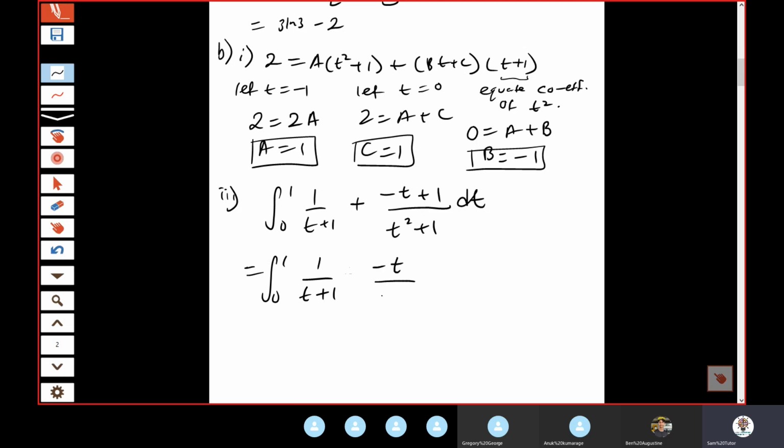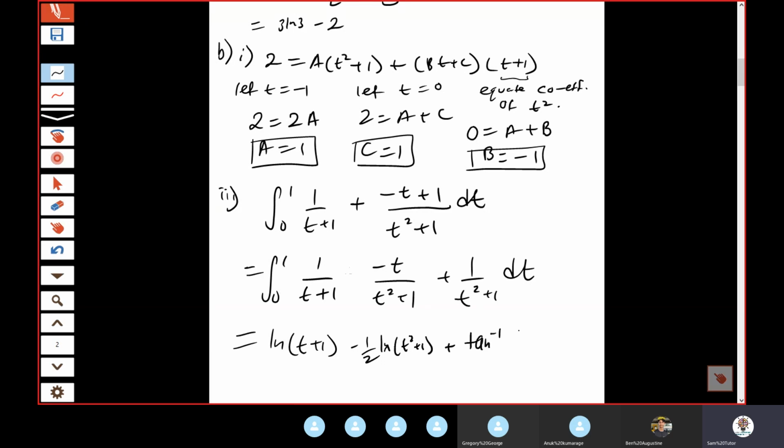So it's minus t on t squared plus 1, and then plus 1 on t squared plus 1. And then I'm pretty much done. Log t plus 1 minus half log t squared plus 1 plus inverse tan t, subbing my limits of 0 and 1.